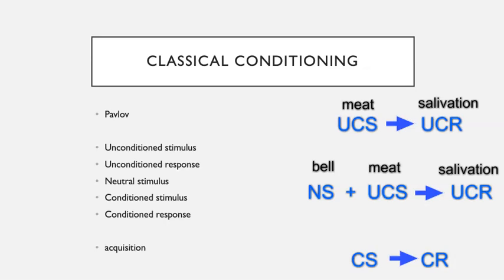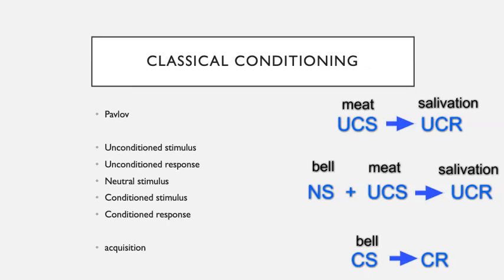And when that happens, then that neutral stimulus becomes a conditioned stimulus. So the neutral stimulus and the conditioned stimulus are the same thing. What determines when you call it a neutral stimulus versus a conditioned stimulus is whether it elicits a response. The first time you salivate just to the sound of the bell, or the dog salivates, then it is called a conditioned stimulus.